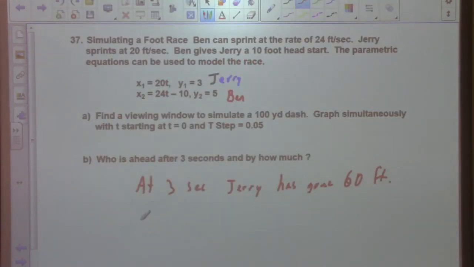So at 3 seconds, Ben is at 62 feet, right? So who's ahead after 3 seconds and by how much? Ben is ahead by 2 feet.